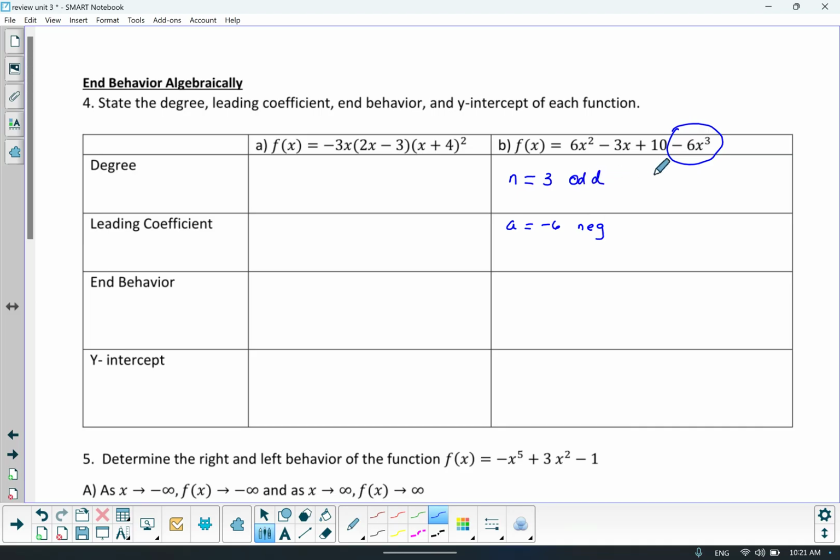So because the degree is odd, I know that the ends are going in opposite directions. So ends of the polynomial are going in opposite direction.